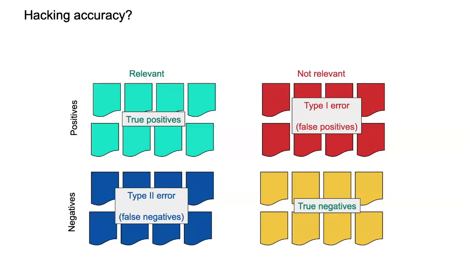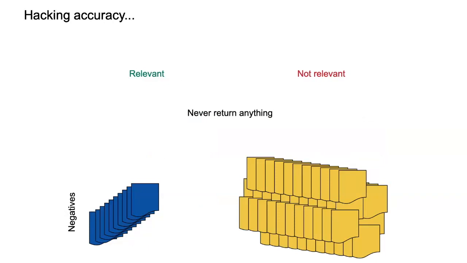The reason is that everything is in there, and just like there are many documents that are not returned in practice, there are also many documents that are not relevant. If you look for a specific thing over the internet, the vast majority of the internet is non-relevant to you. So if you do not return anything, you end up with a huge quantity of documents that are not relevant and not returned.